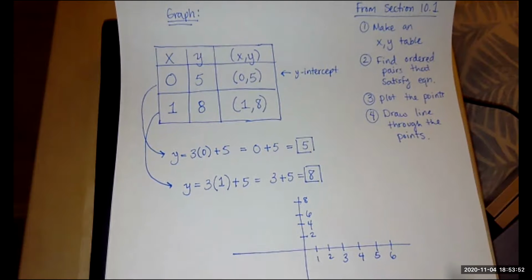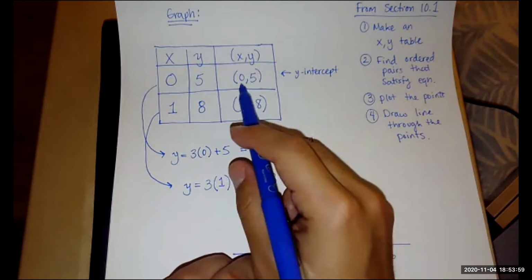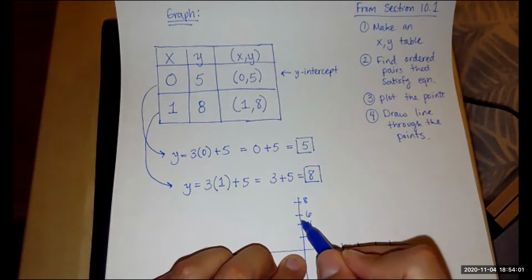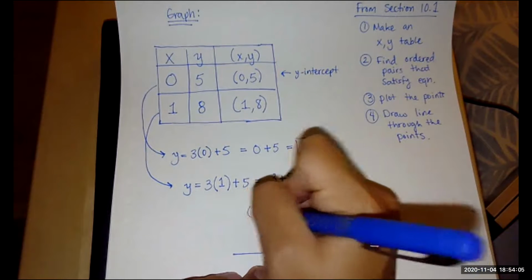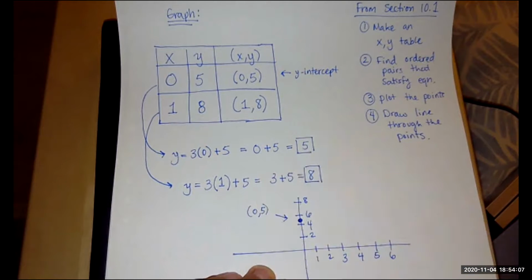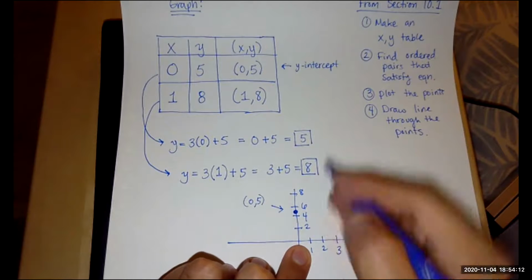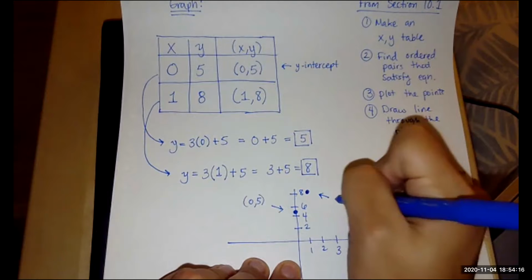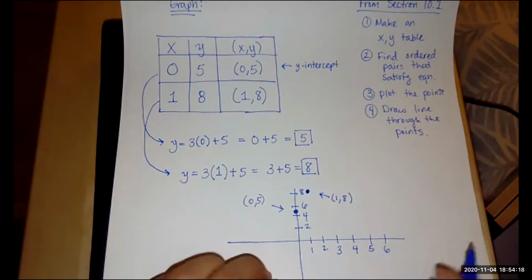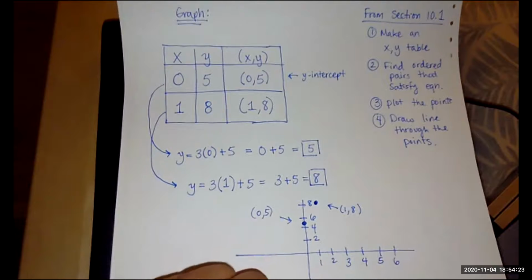Then we'll plot these 2 points. 0, 5 would be right here. That's 0, 5. And then I need to be at 1, 8, which will be right here. That'll be 1, 8. And then I can draw a line passing straight through those 2 points.